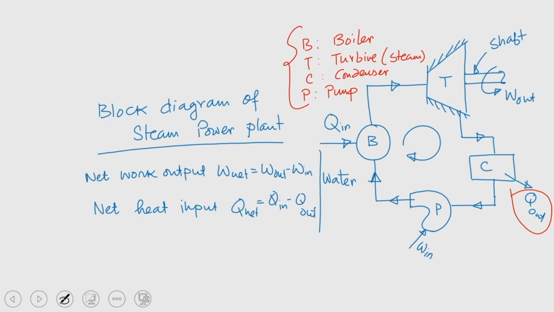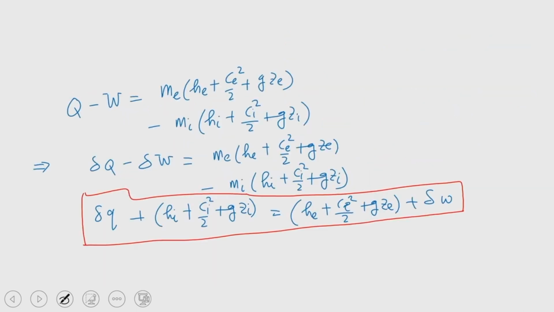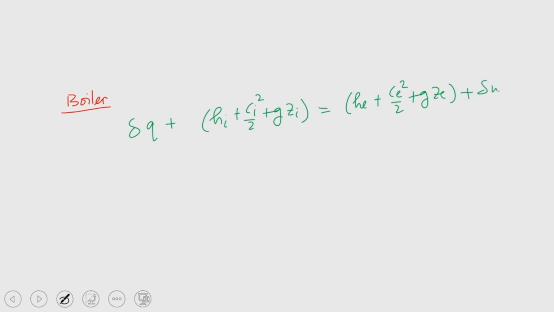Now let us go to this particular case, the boiler. If we try to write this equation, we write δQ plus H I plus C I square by 2 plus G Z I equal to H E plus C E square by 2 plus G Z E plus δW.